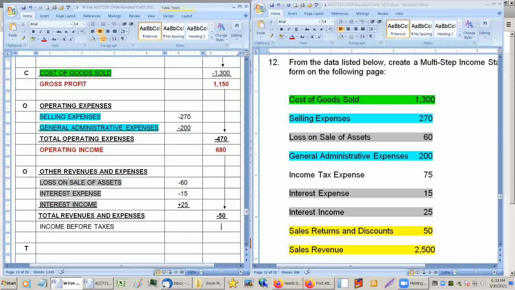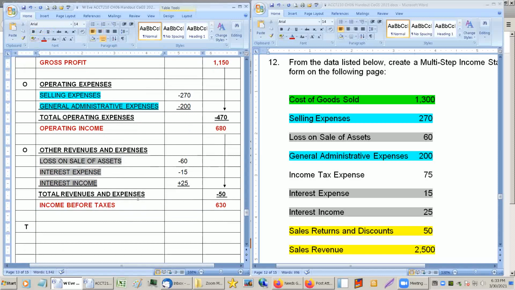So 60 minus 50, 630. And lastly, we'll have income tax expense.